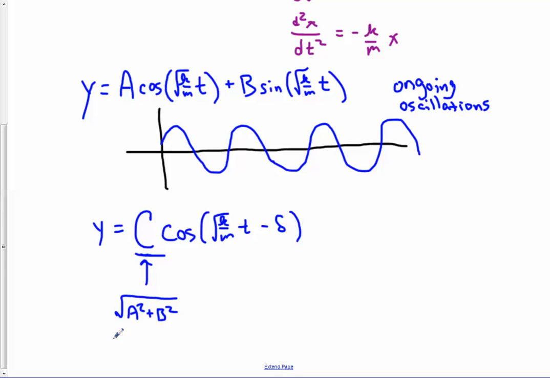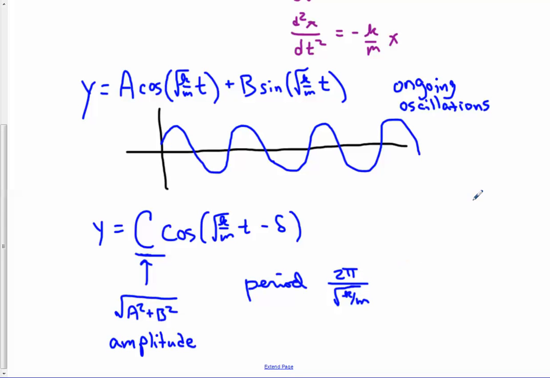So that's your amplitude. And your period of oscillation, the amount of time it takes for the block to move through one full cycle, back and forth once, that'll be 2 pi divided by this number, the square root of k over m.